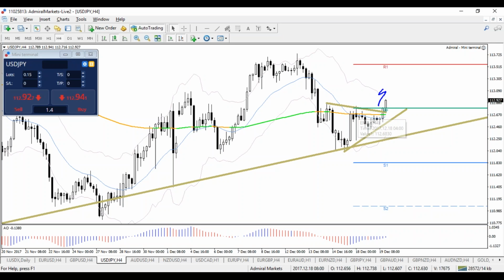Now, this upside break I thought was limited because resistance is still close by. So in my view, this is more of a reversal territory right here than a breakout territory. But you never know.